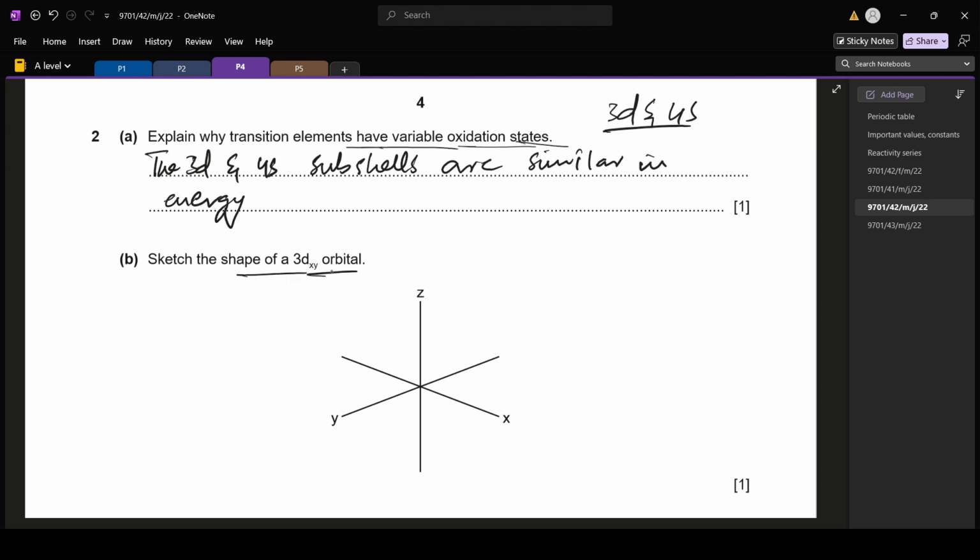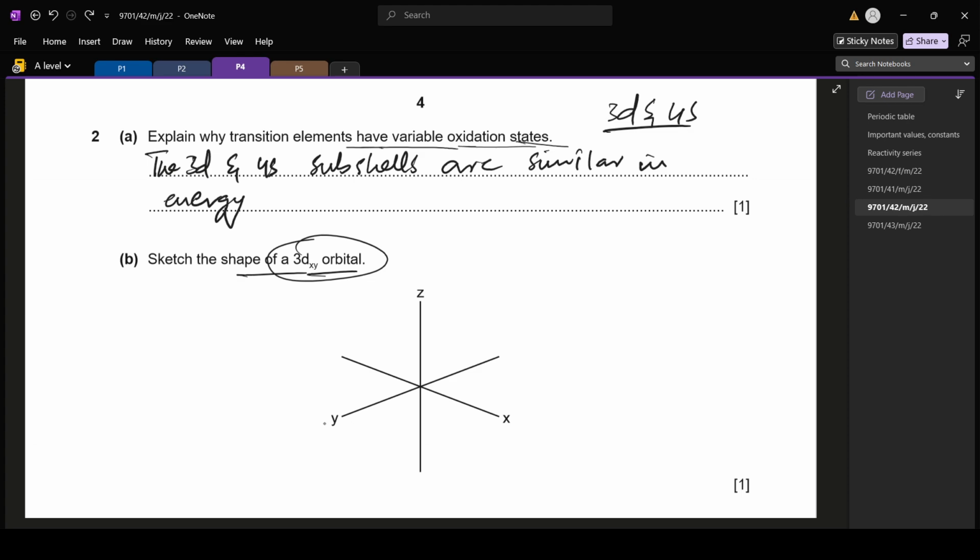Sketch the shape of the dxy orbital. So this will be the dxy orbital. We will draw the orbital dxy between the x and y axes.